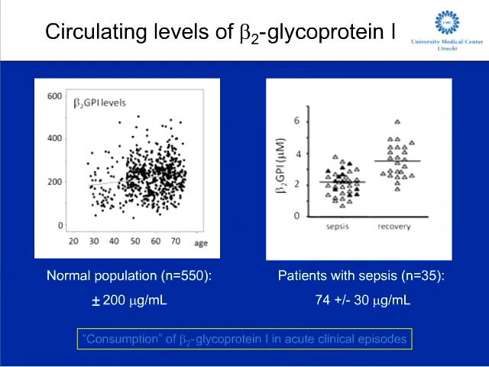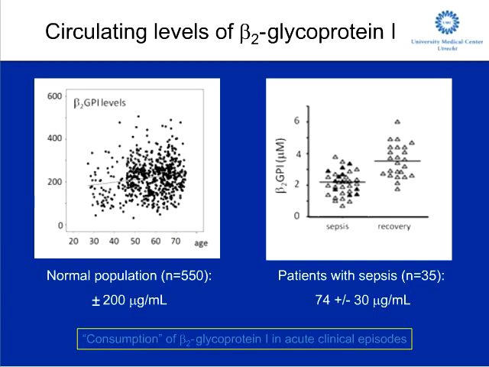So we measured in different populations, and basically the level of beta-2-glycoprotein 1 in the normal population varies enormously. It goes from very low levels to extremely high levels, with a mean of about 200 micrograms per ml, which increases a little bit with age.